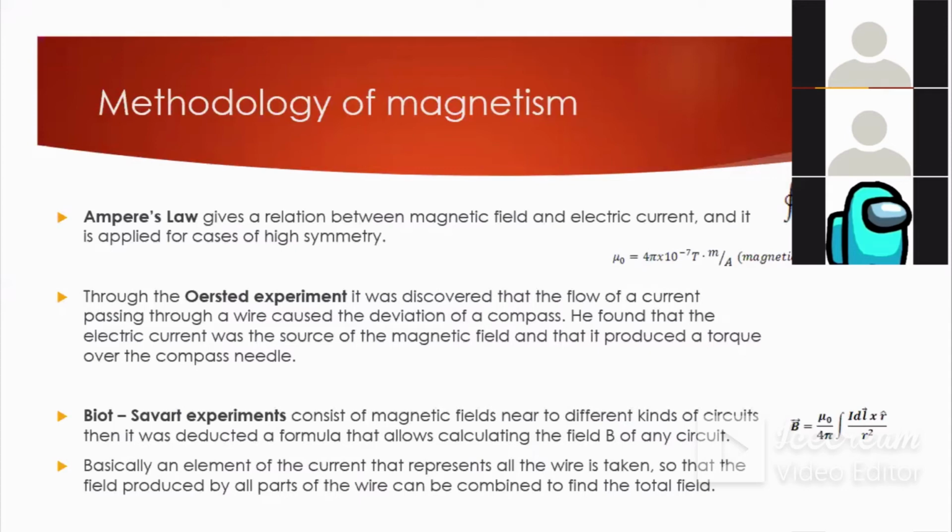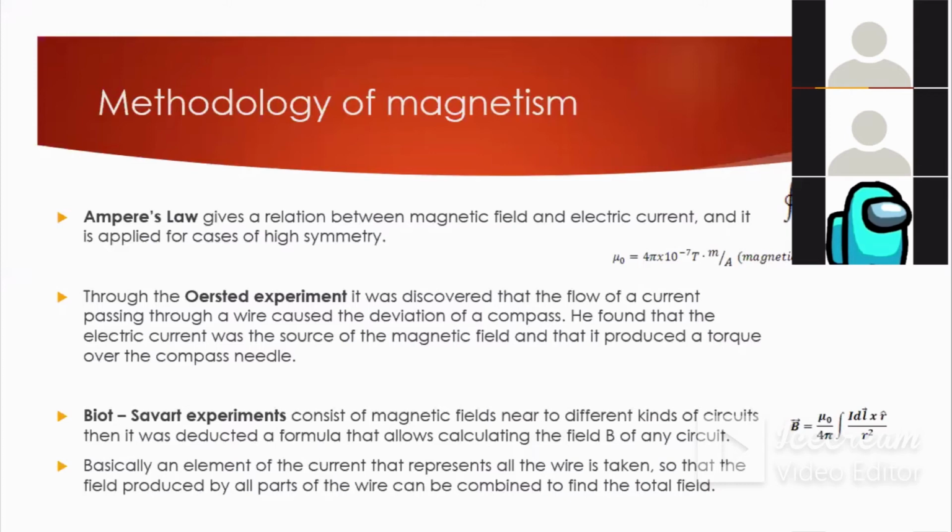So the magnitude of the magnetic field will be equal to the permeability divided by 4 pi times the integral of the current times the derivative of the length times r, which is a vector, divided by the radius or distance at any given point from the field squared.